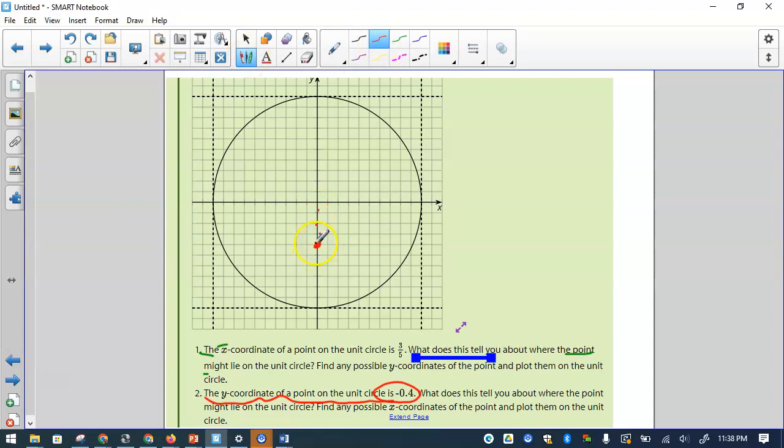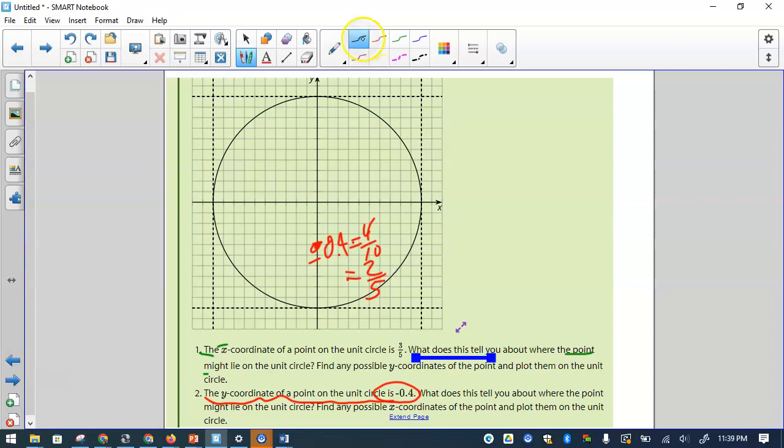So this point is 0, minus 0.4. Now what does minus 0.4 mean? It is 4 divided by 10, which is 2/5.